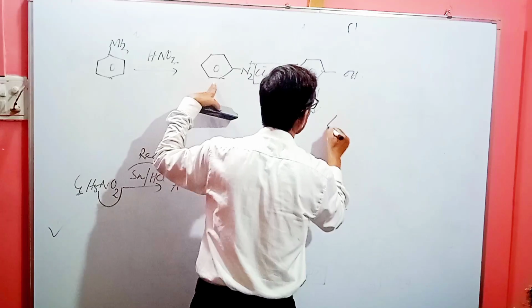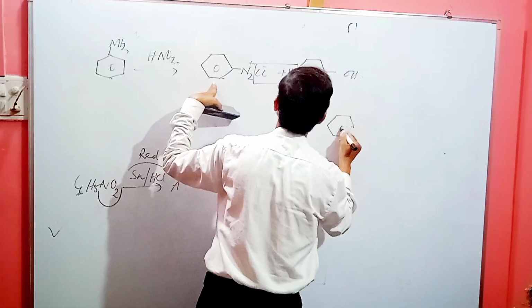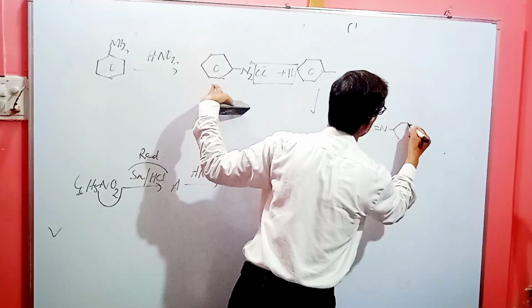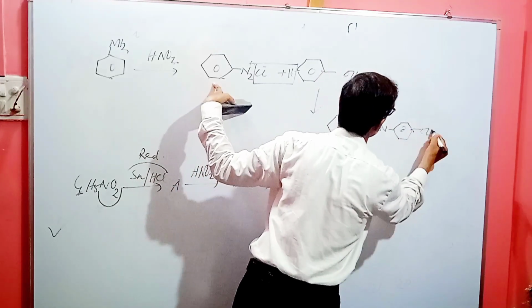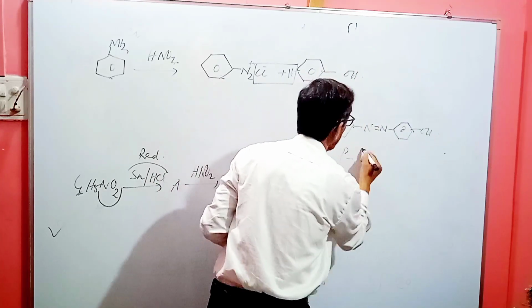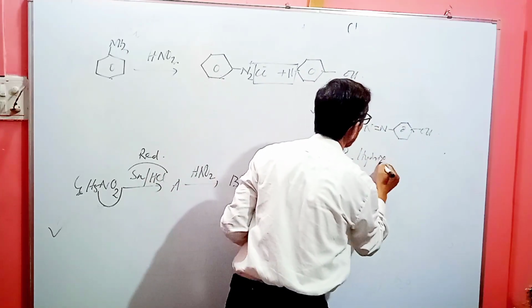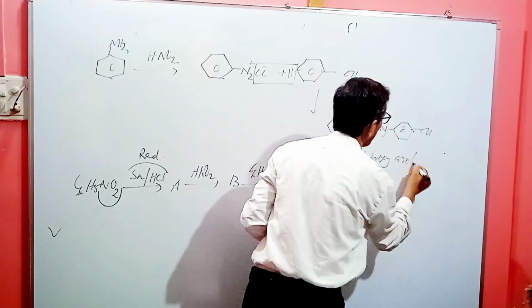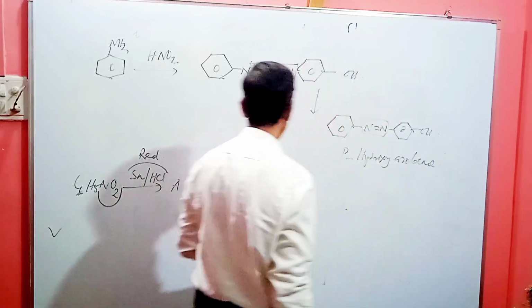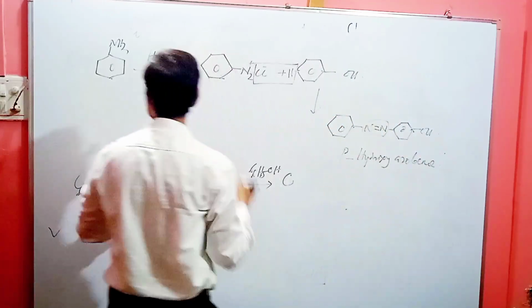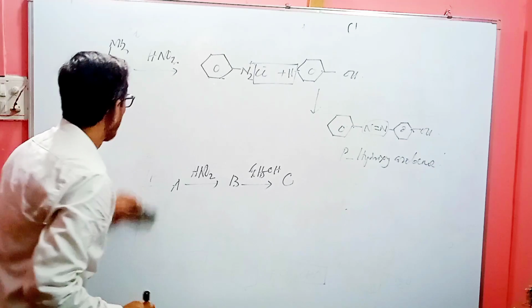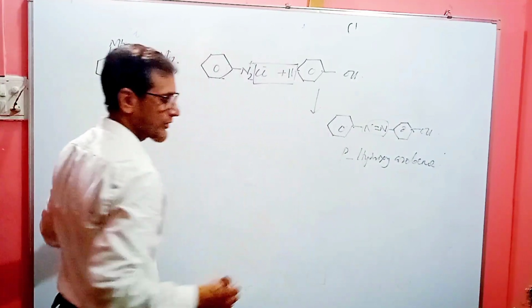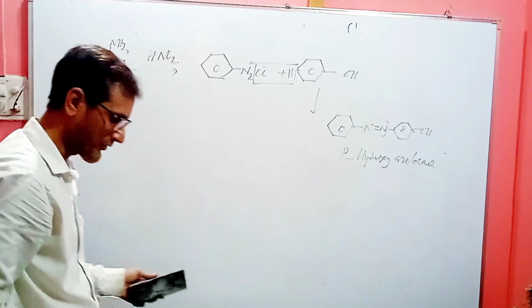You are getting N double bond N, that is para-hydroxy azobenzene. It is orange in color. I showed you at the very beginning when I quickly did all the reactions within a short time. Reaction of amine at a glance.